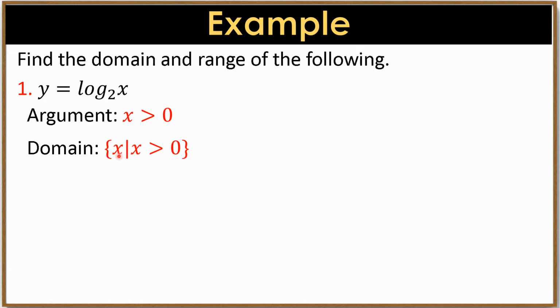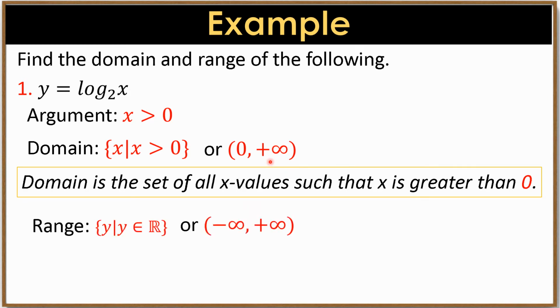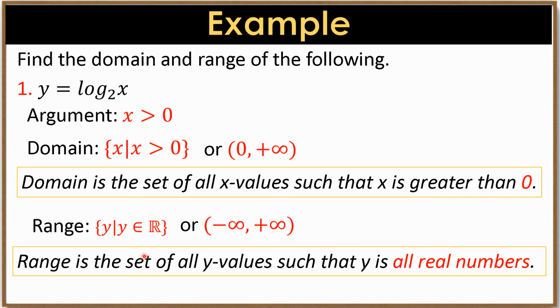Meaning to say, our domain is the set of all x values such that x is greater than 0. Or we can write this as an ordered pair, 0 to positive infinity. And the range, as I said, is the set of all real numbers.